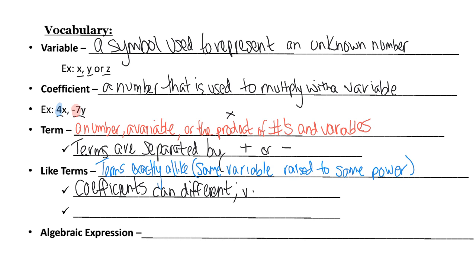So let's put that there: variables must be the same. And constants, they are just numbers alone, so they are like terms. Even though they could be all different numbers, because they all don't have variables, that's why they're alike.